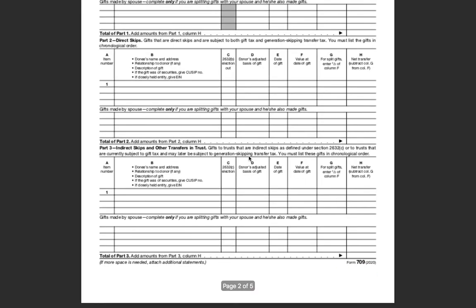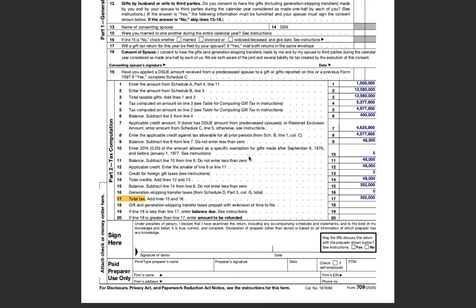After you have all this, we come back to page 1. Then you know how to get the $1 million, that's the taxable gift in 2021. The second one is the taxable gift in 2020.